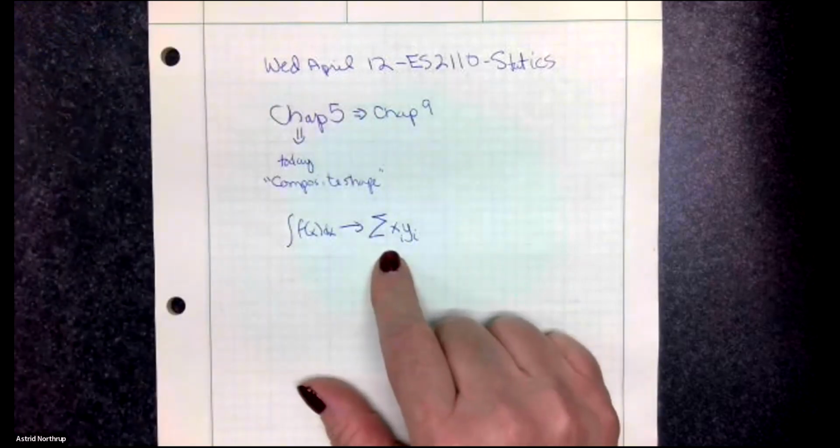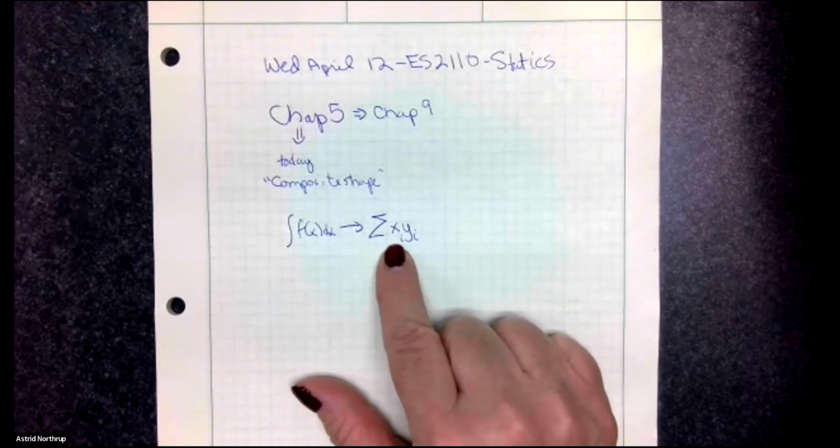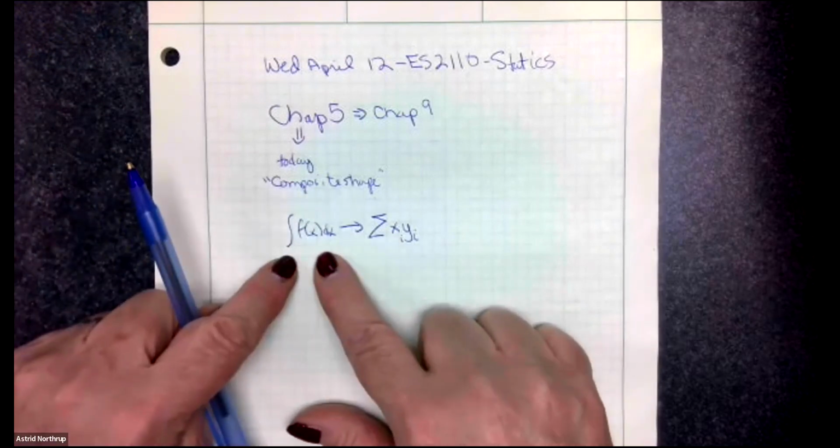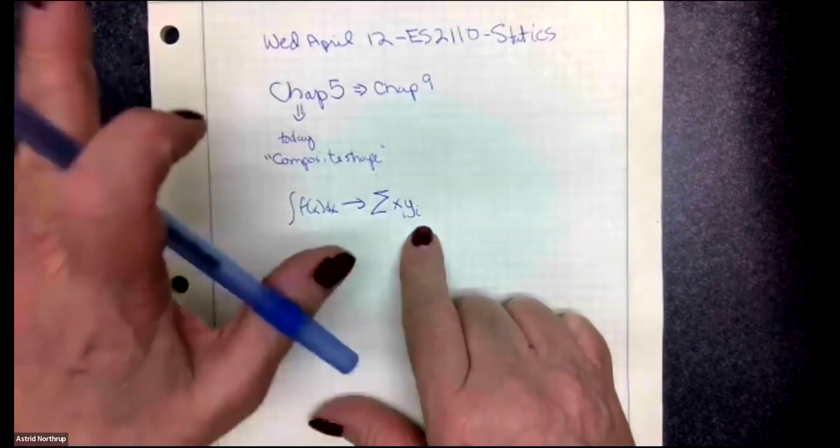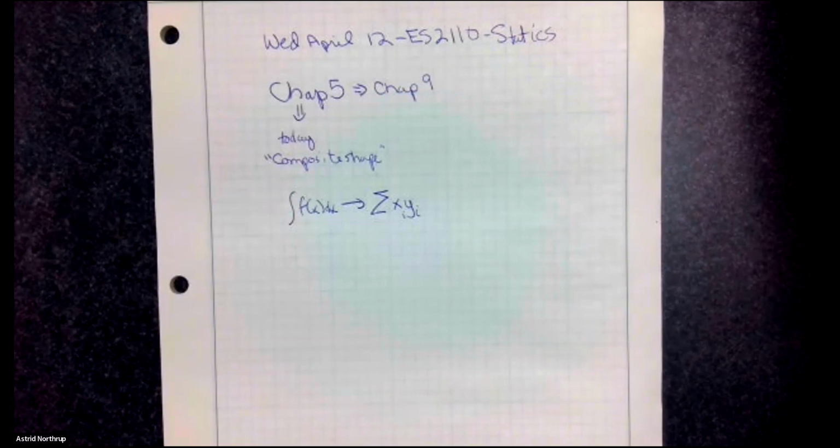Okay, so we'll work with this to begin with. We're not going to do any integration today, but the work that we have leads up to integration. And so that's the reason that we put 5 and 9 together, excuse me.